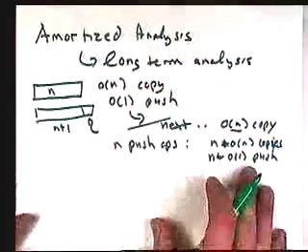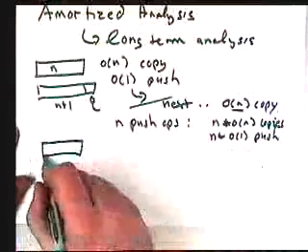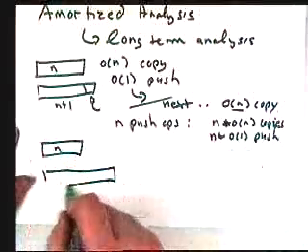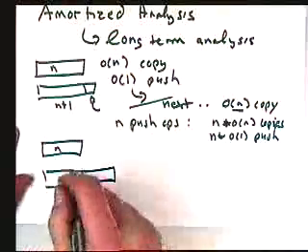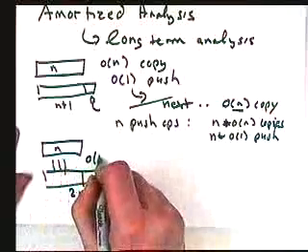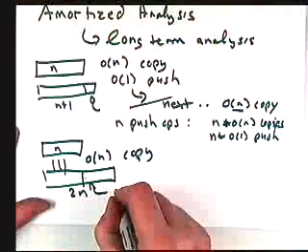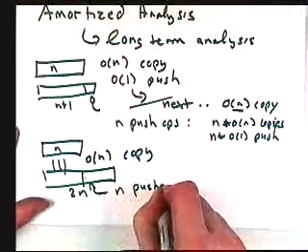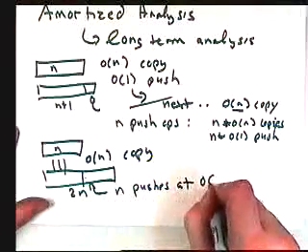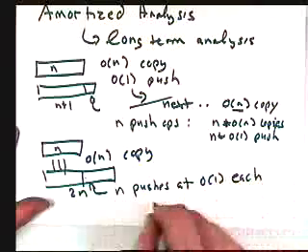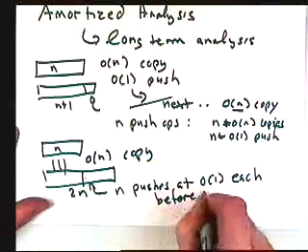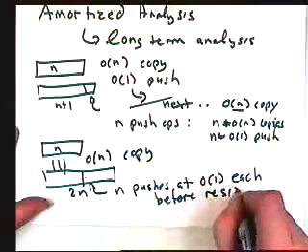And that's in stark contrast to the idea where we say we have n, we end up with 2n. I'll have to do this order n copy, but now I'll have to do n pushes at order 1 each before another resize is needed.